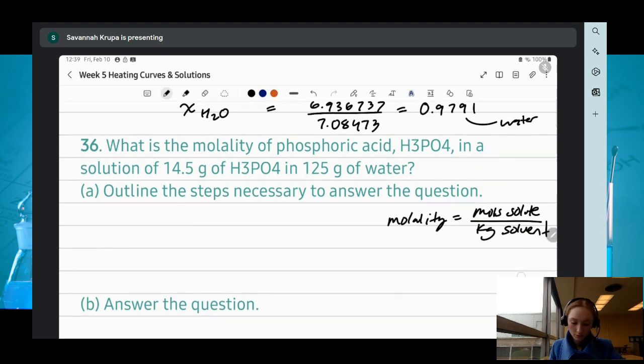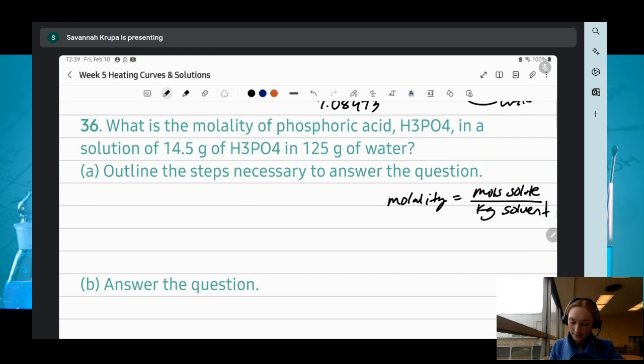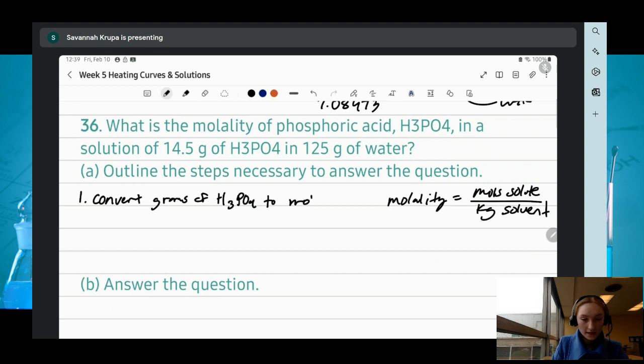Okay, so we will need to write out the steps necessary to answer this question. So number 1, we will need to convert grams of H3PO4 to moles. So we just did that in the last problem, but we'll go over it again really quickly, just in case you need more practice.